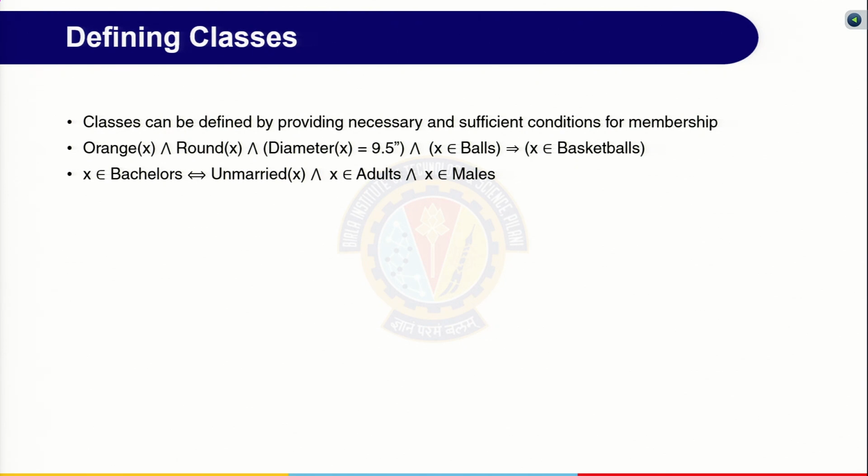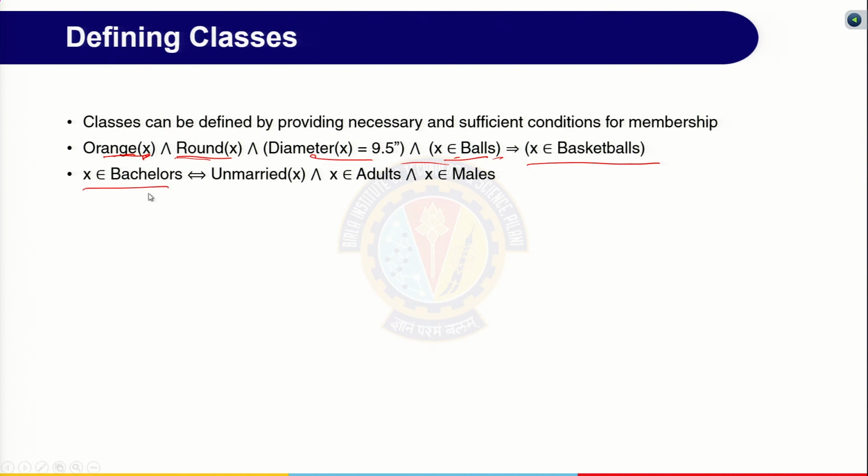So as I said earlier, we can also use certain conditions over an object in defining classes. I want to define a class saying that if X is an object which has such and such properties, like being orange in color, round in shape, with such a diameter, and also belonging to a certain class, I can use these properties in defining a class basketballs.